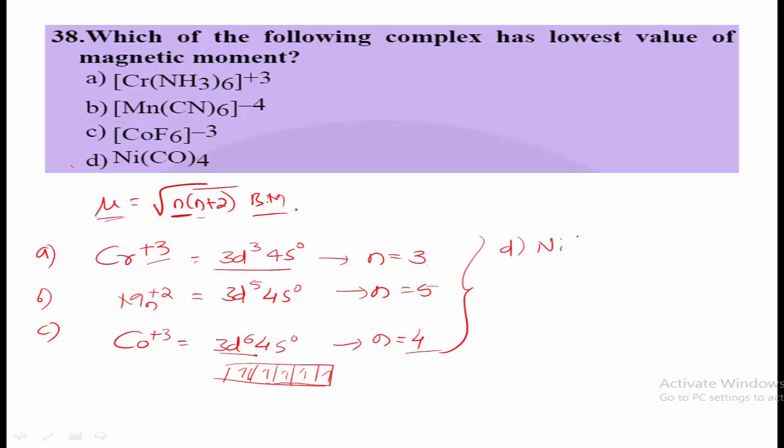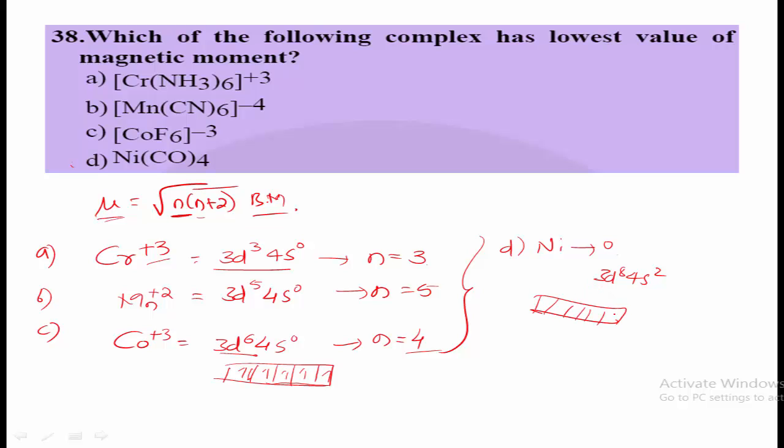So in nickel tetracarbonyl, the oxidation state of nickel is 0, because carbon monoxide is a neutral ligand. Therefore, what is the electronic configuration? 3d8 4s2. So how many unpaired electrons?